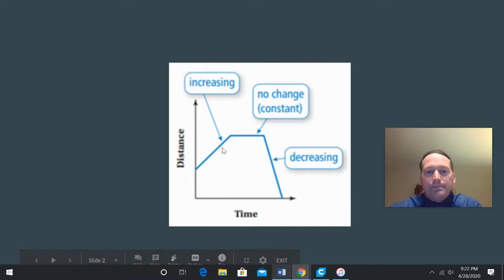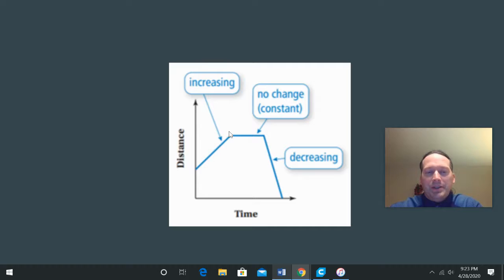So this right here is increasing, all right? As the time is increasing, the distance is going up. And you notice it's going up in a straight line, so this is going up at a consistent rate. Then it reaches this spot, and it goes 0 up, 0 down. That is no change, or it remains constant.